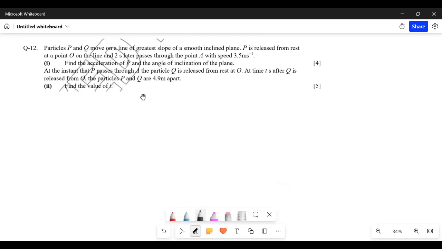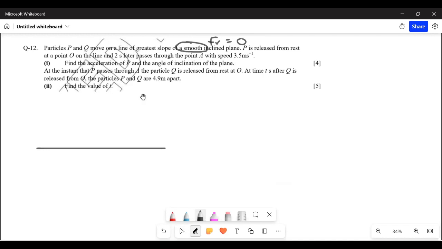So let me draw this. There's a smooth inclined plane, meaning friction is 0. P is released from rest. So that's P, let's say. It's released from rest. That means its U is equal to 0.